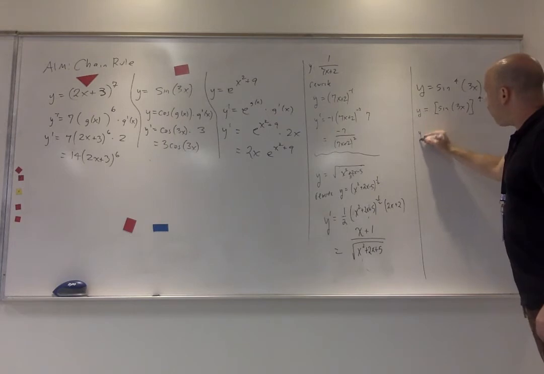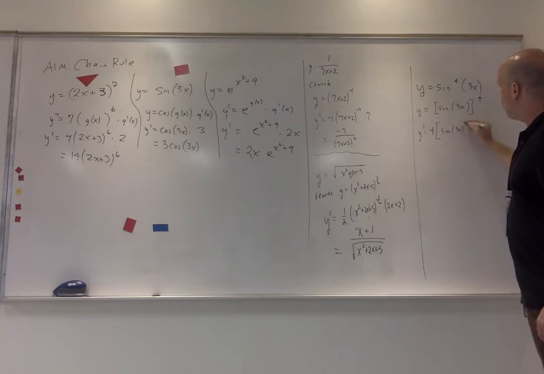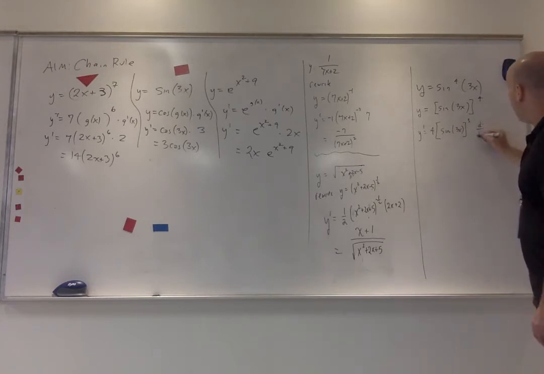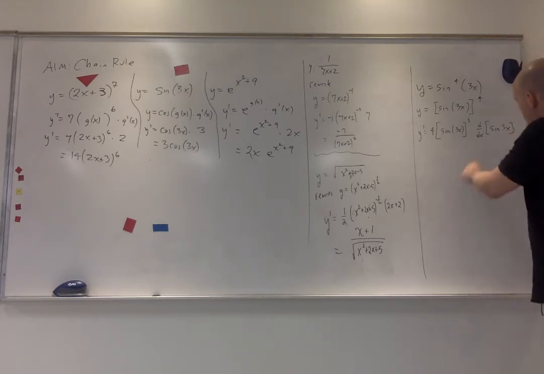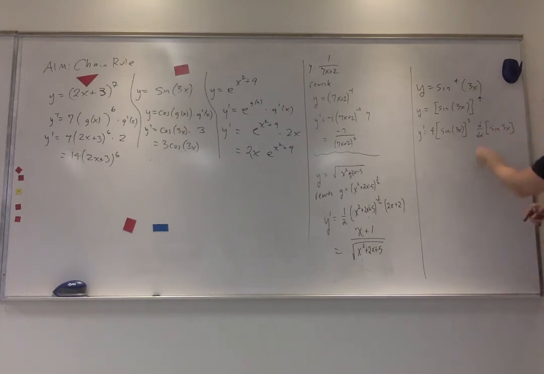Good. You know, y prime is 4 times the thing to the 3rd power times the derivative of this whole thing. I'm introducing this notation now. This is an operator, and it's going to be the derivative of whatever's inside of there.